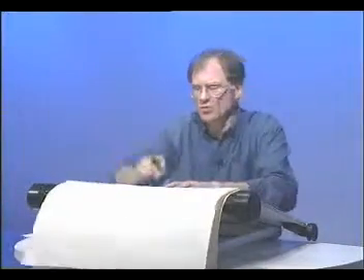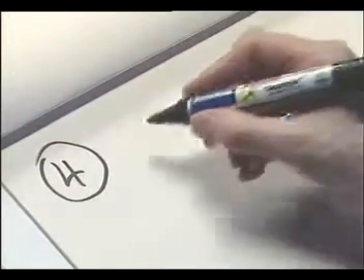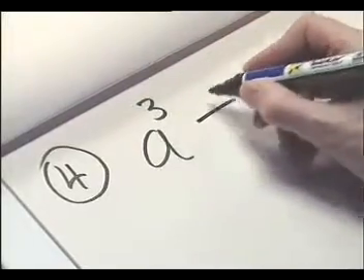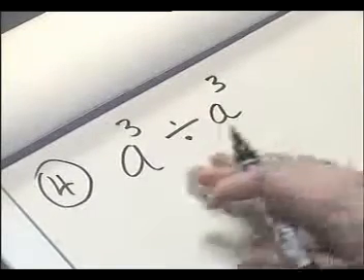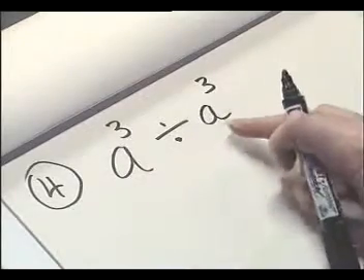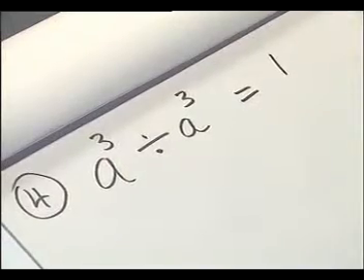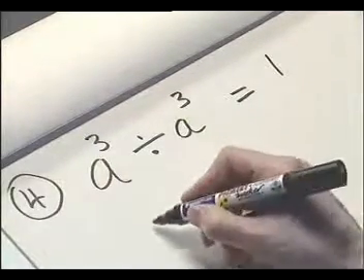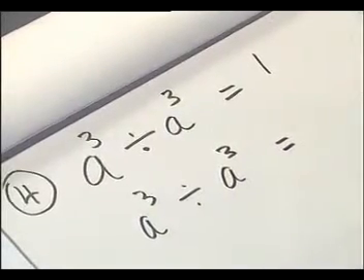Okay, we've got 3 rules. Let's see what we can do with them. Let's have a look at a cubed divided by a cubed. Well, we know the answer to that. A cubed divided by a cubed, we're dividing something by itself. So the answer has got to be 1. Fine. Let's do it using our laws of indices, our rules.